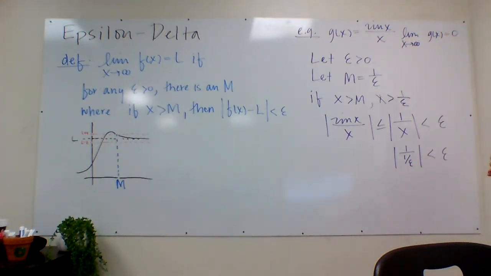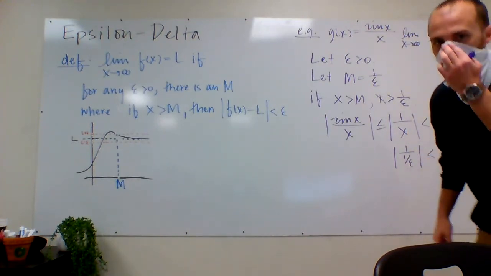Wouldn't that just end up being epsilon? Yes, that's kind of the idea. Because x is larger than 1 over epsilon, when I take 1 over that, you're going to get something smaller.